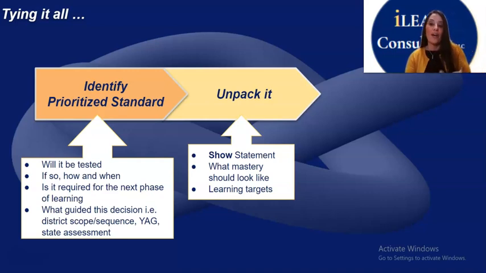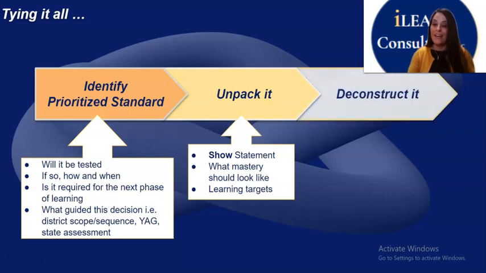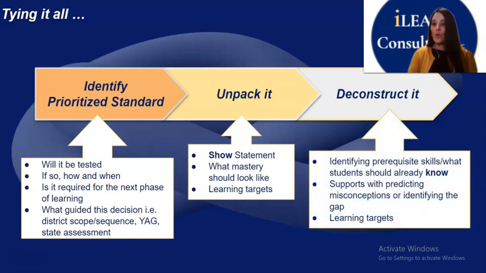This will help you as you move into phase 3 of this series. We unpacked it using that rubric: nouns, verbs, and concepts. It tells us what mastery will look like. And then we move through deconstructing it. We tore it apart to identify prerequisite skills, what students should already know. And it will support with predicting misconceptions or even identifying the gap after assessment.